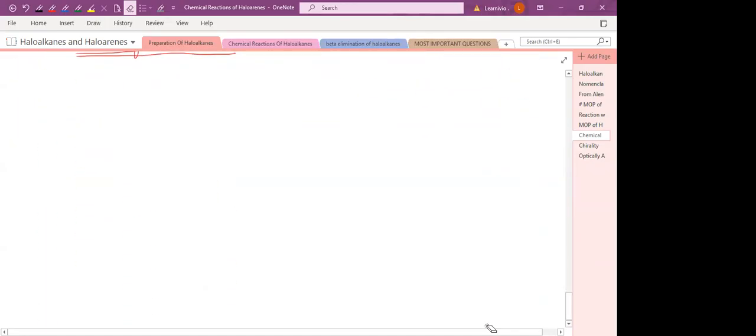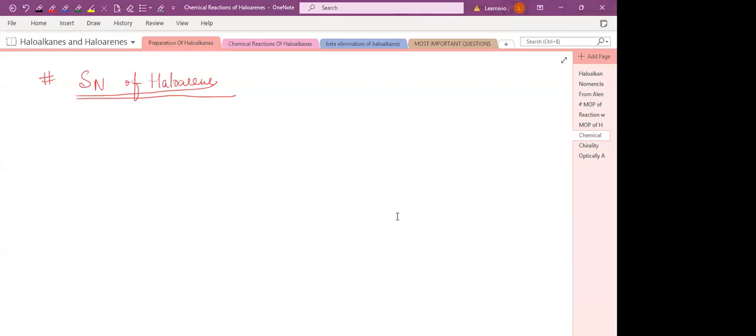Okay, so the next topic is nucleophilic substitution of haloarenes. First tell me, is nucleophilic substitution reaction possible in haloarenes? Yes or no?